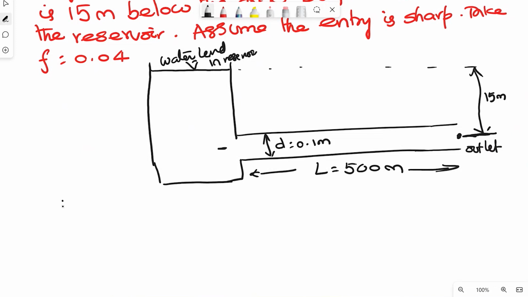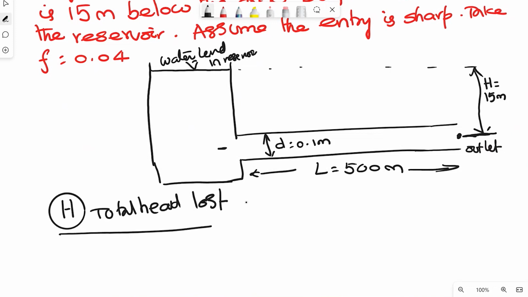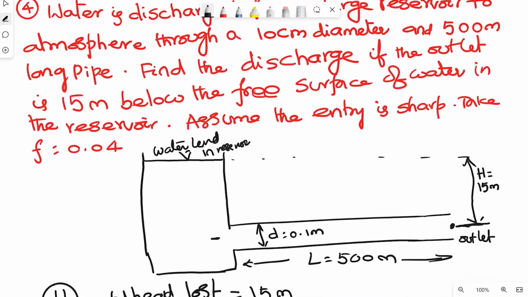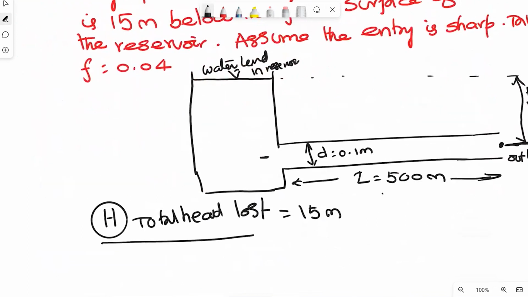Remember this total head, we call it H. This is the total head lost, equal to 15 meters, as he has mentioned. Then what he wants from us is to calculate Q.